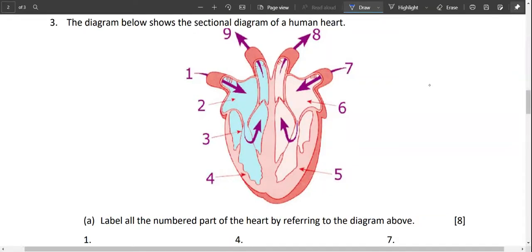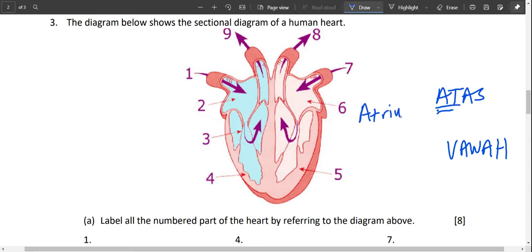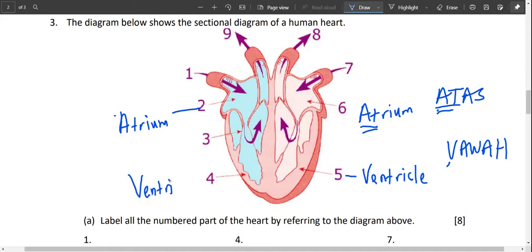There are 2 chambers on top and 2 chambers below. The ones on top are number 6, atrium, and also number 2, atrium as well. And there are 2 chambers below called ventricle, which is number 5, ventricle, and number 4, it is also ventricle.